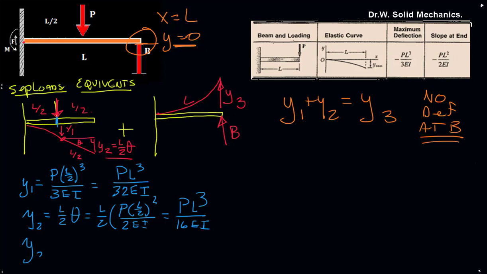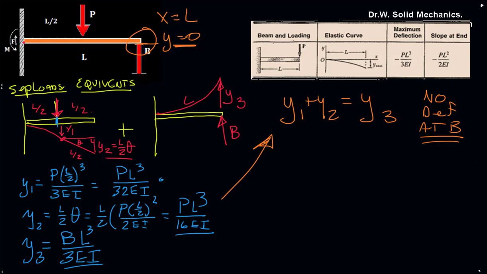And lastly, Y3. Now here we can use the formula directly. The force is B, and this would be L cubed on 3EI. So we can quickly generate the 3 equations for deflection, and now we can plug them into here to solve for this.